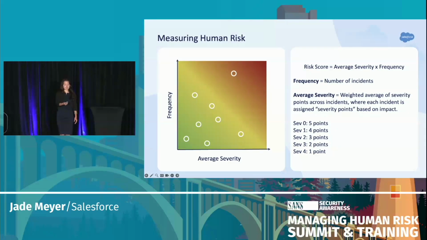Well, through this risk metric, we could maybe plot those two types of incidents and see which ones are green and which ones are red. So we could say, well, finance maybe is in the green, so even though these incidents are happening, they're not happening that often, and when they do happen, they're not that severe, so we don't really need to focus on that. Instead, maybe we should be focusing on what's in the red, like in my previous example, engineering incidents where engineers are storing secrets in code.